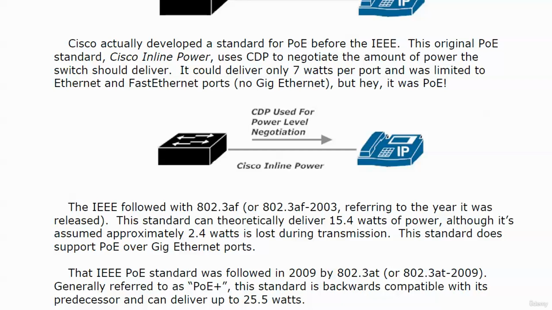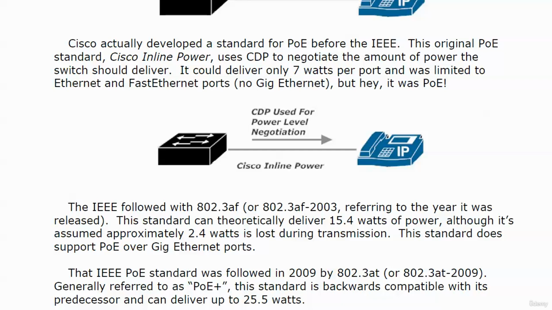Now, this particular standard can theoretically deliver 15.4 watts of power, but it is assumed that approximately 2.4 watts of that power is lost during the transmission from device to device. This standard, though, does support power over Ethernet over gig Ethernet ports, so that was a big step forward.